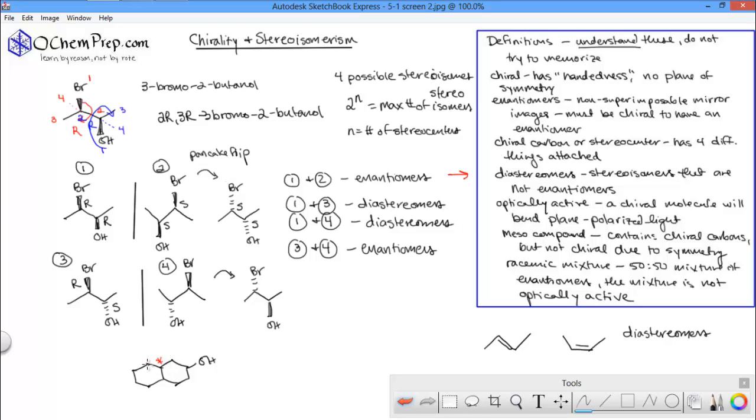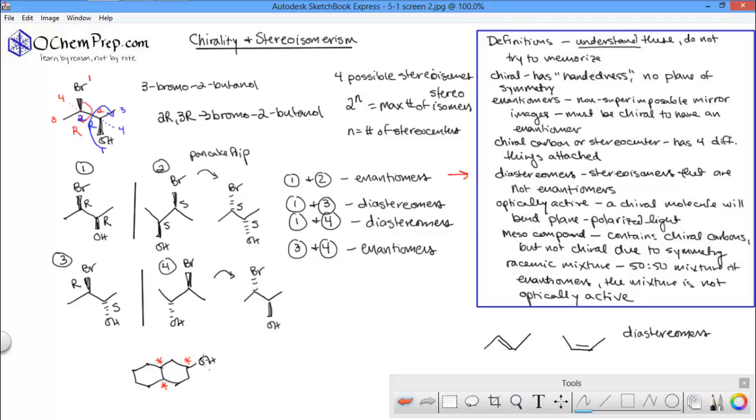They're both CH2s. But remember, we have to look for overall symmetry and keep marching until the first point of difference. So this carbon with the OH is different than this carbon over here. So there's no plane of symmetry. So this carbon is chiral, as is this carbon down here. That's also chiral. None of the other carbons in the rings are chiral until you get over to this one with the OH.